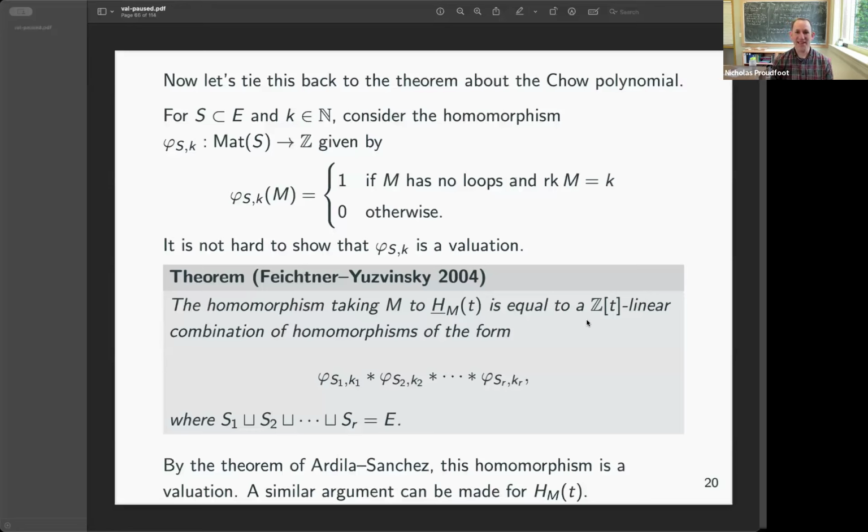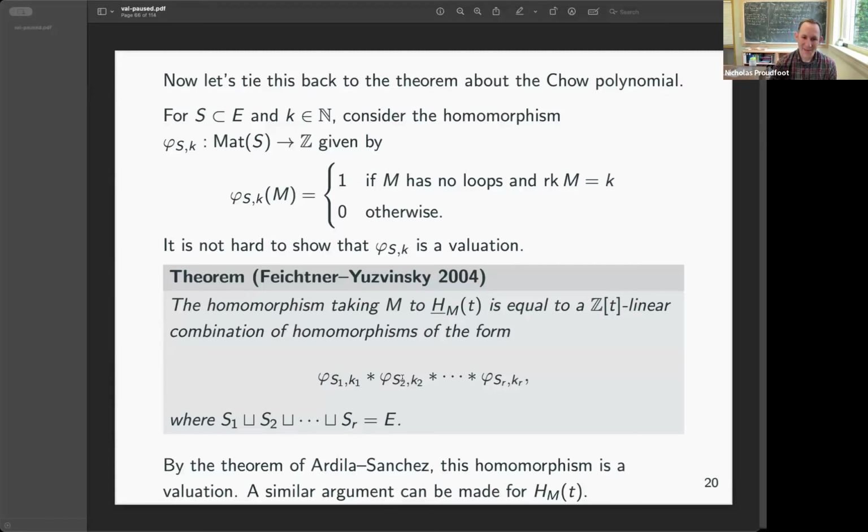Essentially what they're saying is that the homomorphism taking a matroid to the Poincare polynomial of the Chow ring is a Z[t] linear combination of homomorphisms of this form. For those of you more familiar with their work, there's a basis indexed by chains of flats, plus some auxiliary data. Given a chain of flats, you get a few different basis elements in various different degrees.